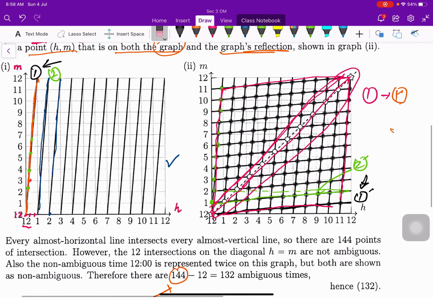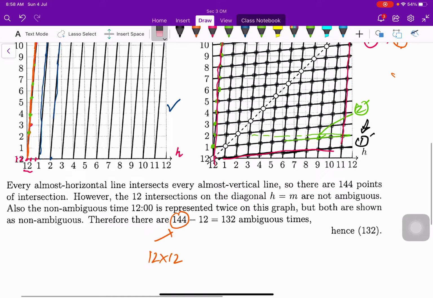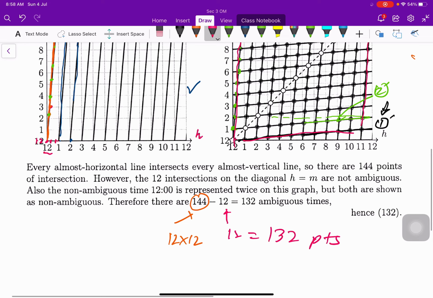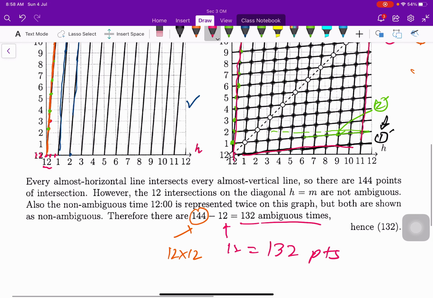Therefore, that's the reason why all these diagonal points are not ambiguous points. Therefore, you must minus away 12. Therefore, what you get is 132 points. 132 points means that it is actually 132 ambiguous times.